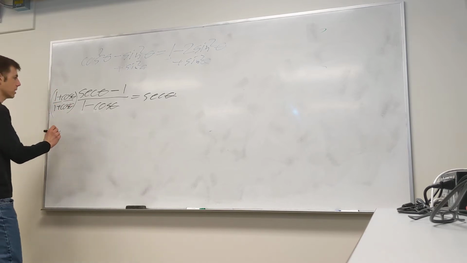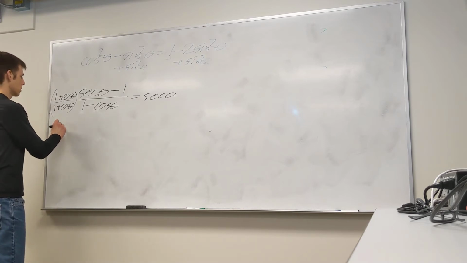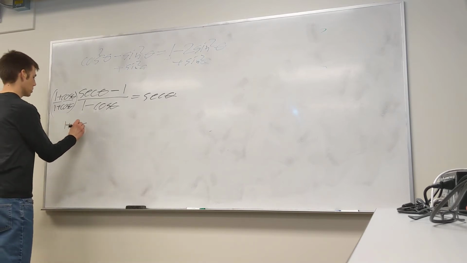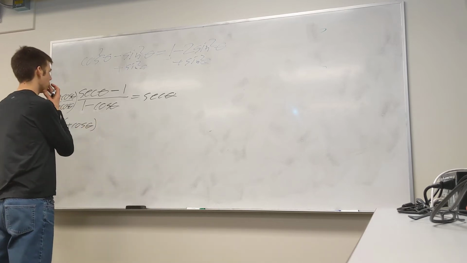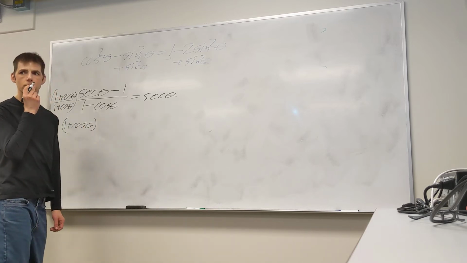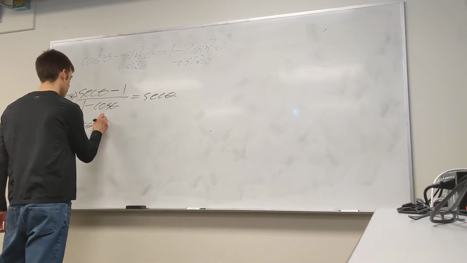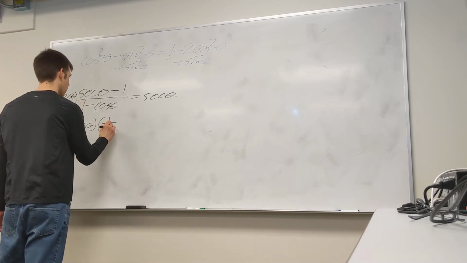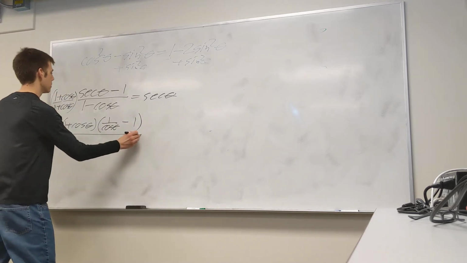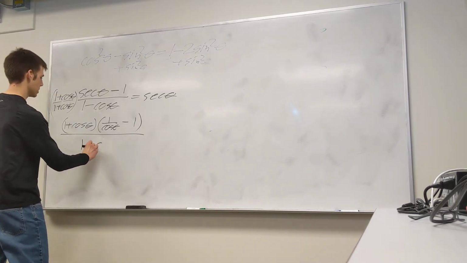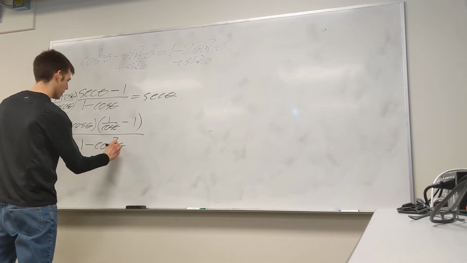And what I'm left with is 1 plus cosine theta times, what is secant, by the way? Secant is 1 over cosine. So 1 over cosine theta minus 1, okay? And then on bottom, I've got 1 minus cosine squared theta.